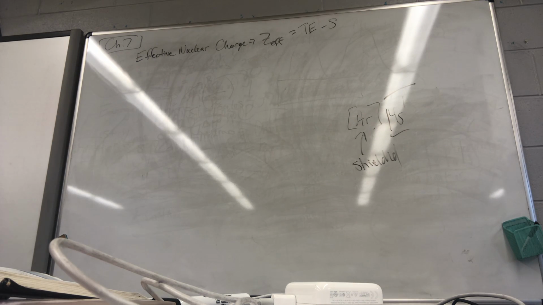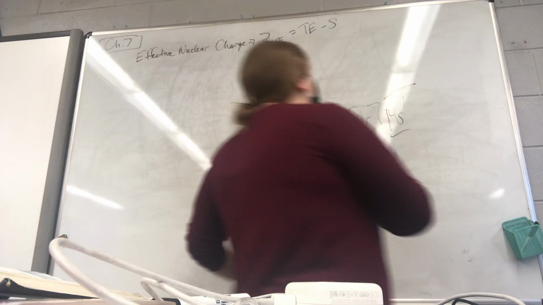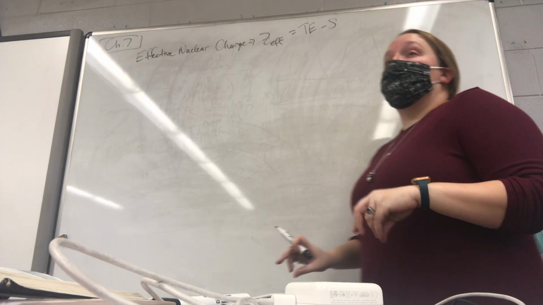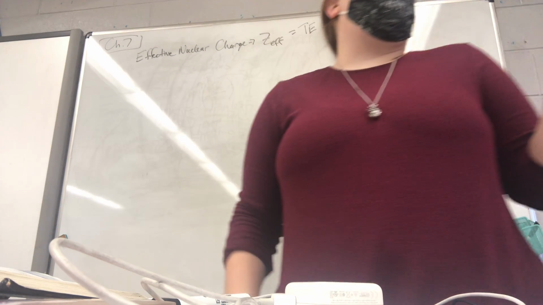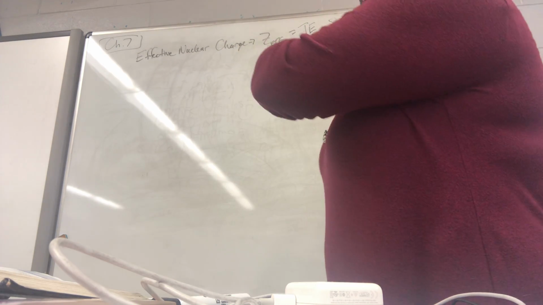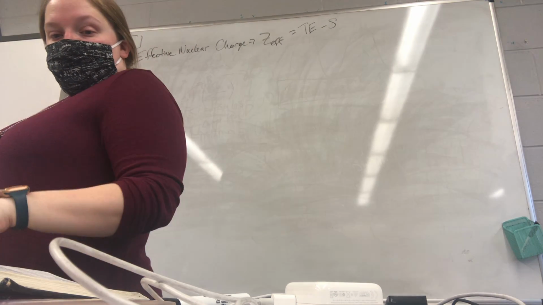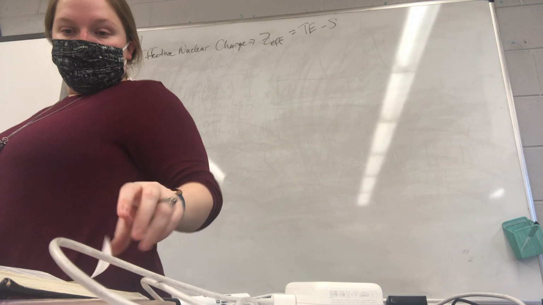They can be ignored for the purposes of bonding. They can be ignored for the purposes of properties. They are just there to support the inner part of that atom. Okay? And that's what that term shielded means. So Z effective is essentially going to be equal to the valence electrons that your atom has to work with. Okay? All right. What's next?